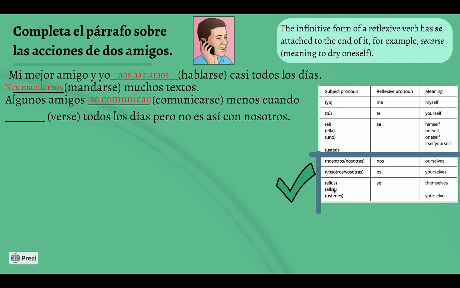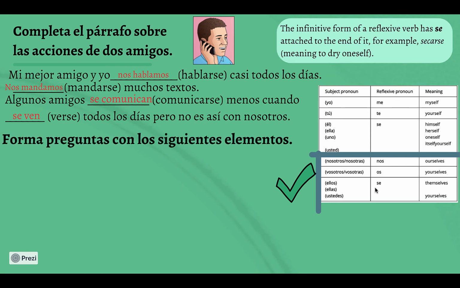Ellos. And the reflexive pronoun for ellos, ellas, ustedes, is se. Se comunican menos cuando se ven todos los días. Pero no es así con nosotros. Excelente.